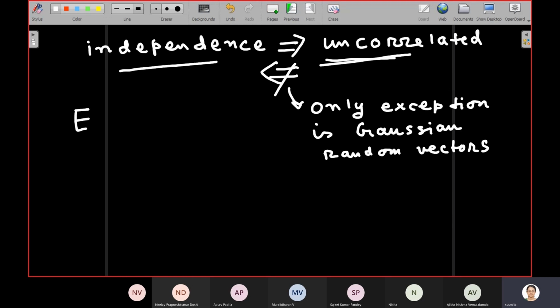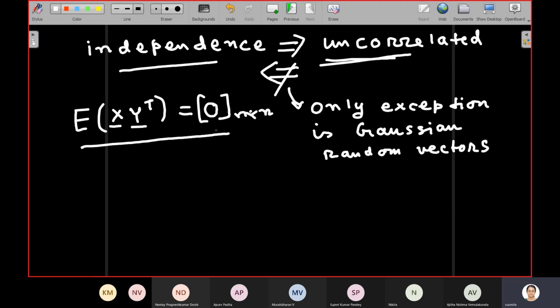Now when we can write this, which is a 0 matrix, if we have n-dimensional random vectors, it's basically a 0 matrix, all elements will be 0. When we have a single dimensional random variable, it is just a scalar quantity, 0. So when we can write this, it implies that they are orthogonal.